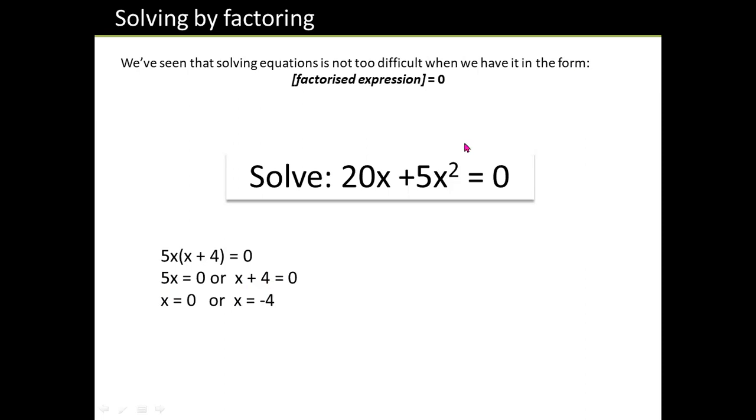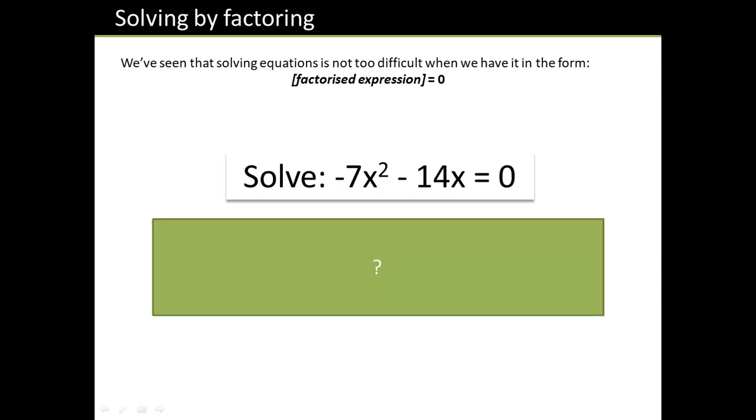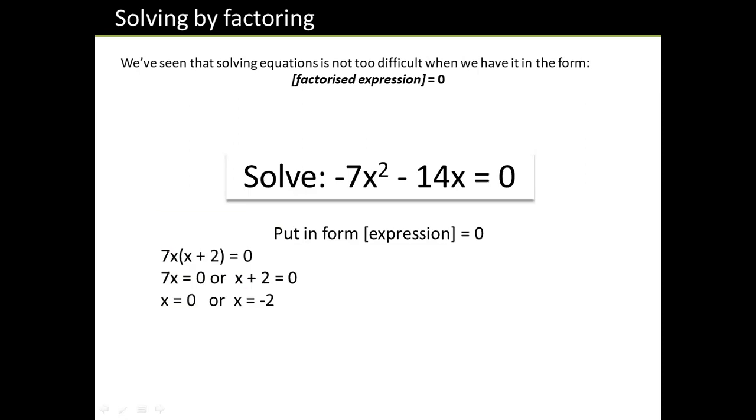Next example before we go to the task. Negative 7x squared minus 14x equals 0. So if we factor it out the same way, 7x times x plus 2 equals 0. So again, to find the value of x, we divide by 7, then divide by 7, so therefore x equals 0.